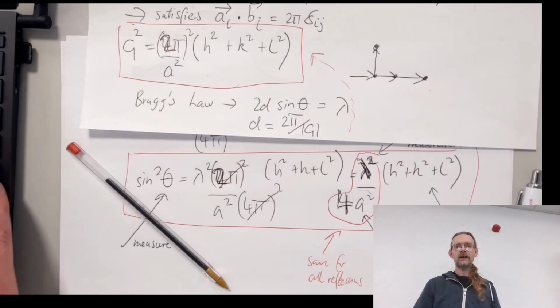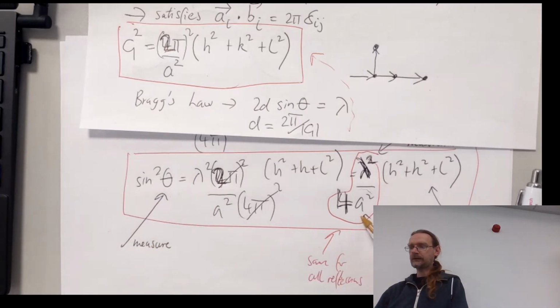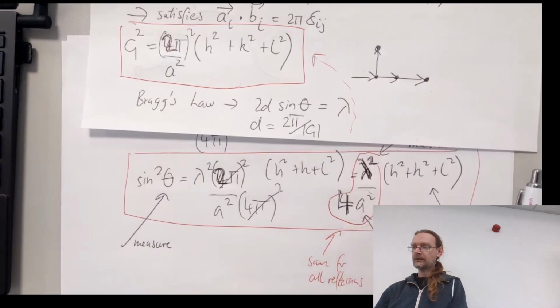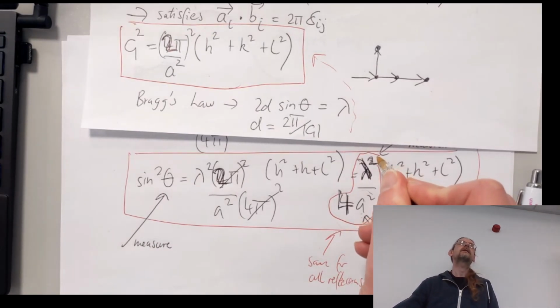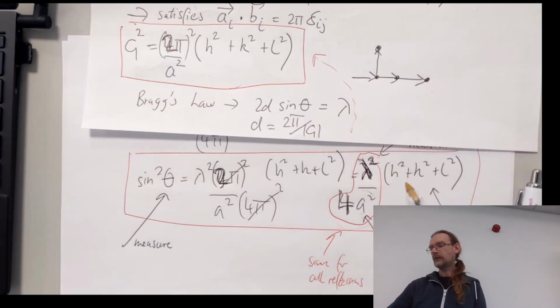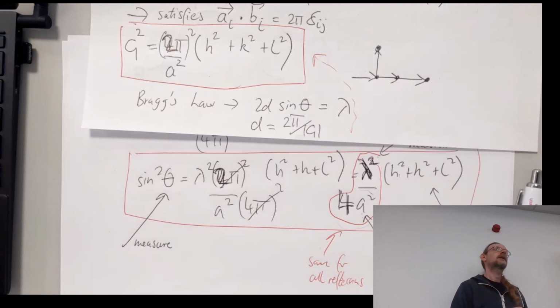If I take the ratio of 2 of these reflections, all of this gubbins out the front should cancel out because it's the same for each. And I should be left with the ratio of the h squared, k squared, l squared values for the 2 different reflections.